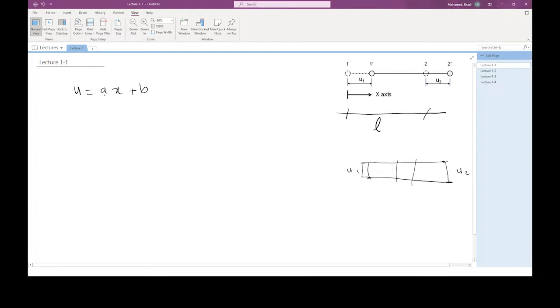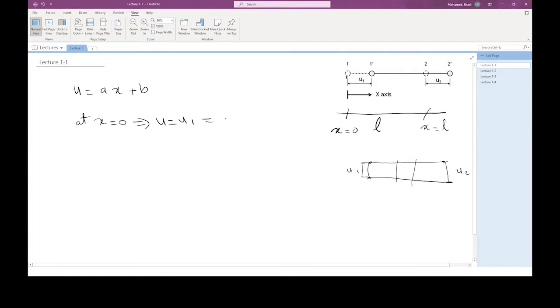So I can use U1 and U2 to define the equation of the line. I can assume that at X equal to 0, this is node 1, and this is X equal to L, this is node 2. So at X equal to 0, I have U equal to U1. Right at this place here, I have U equal to U1.